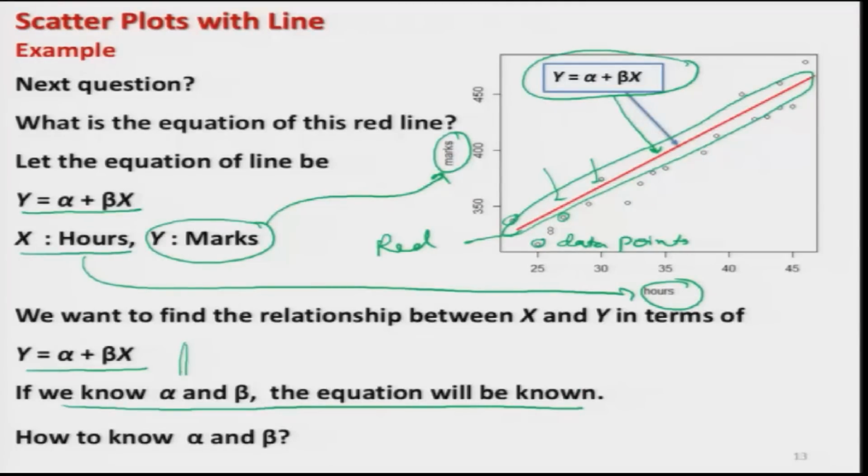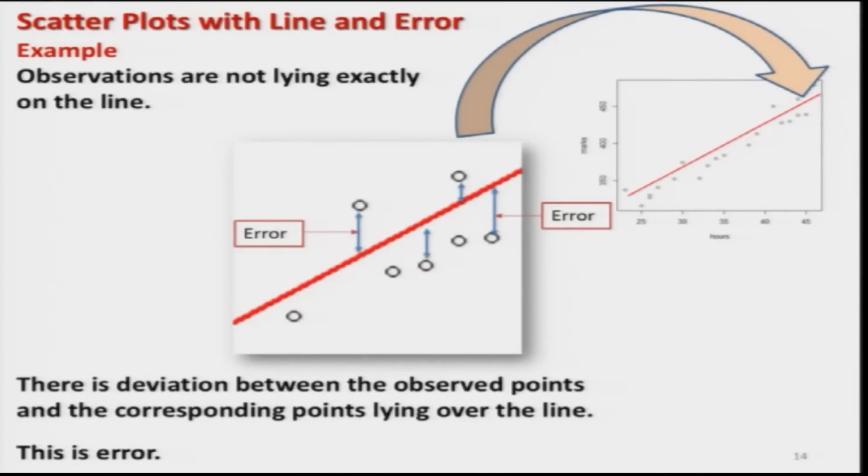So, now the fundamental question comes in front of us: how to know this alpha and beta? So, that is the objective which I am now going to explain here. But before that, try to observe.